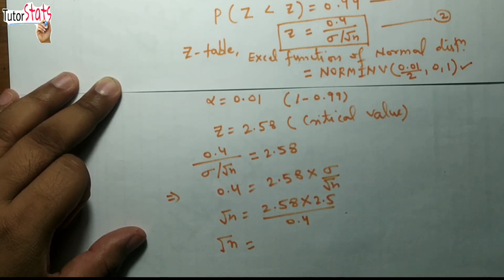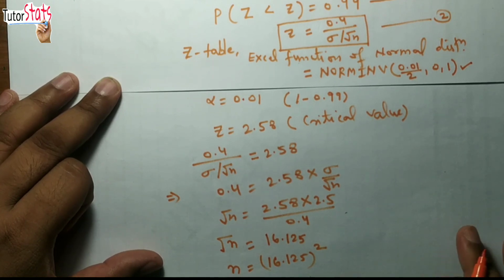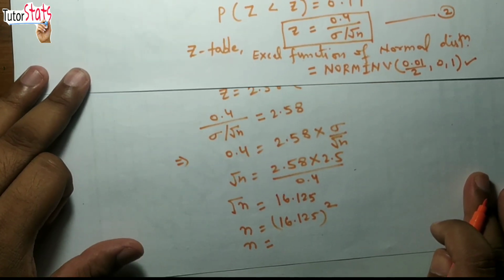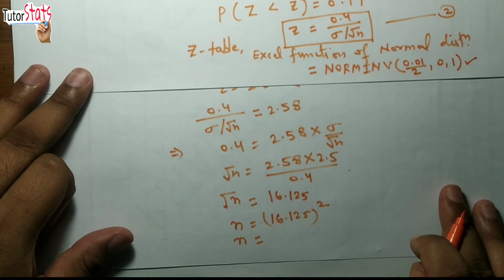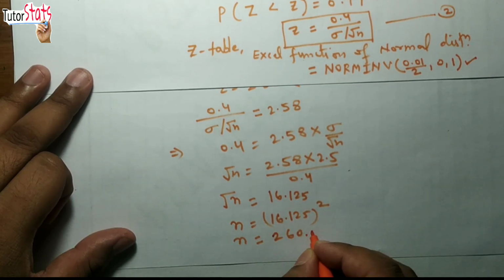Root n is 16.125, and 16.125 squared gives n as 260.01.